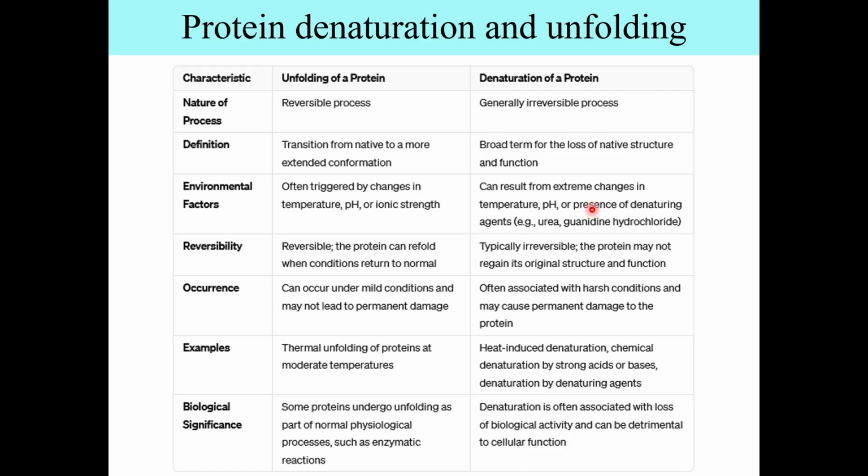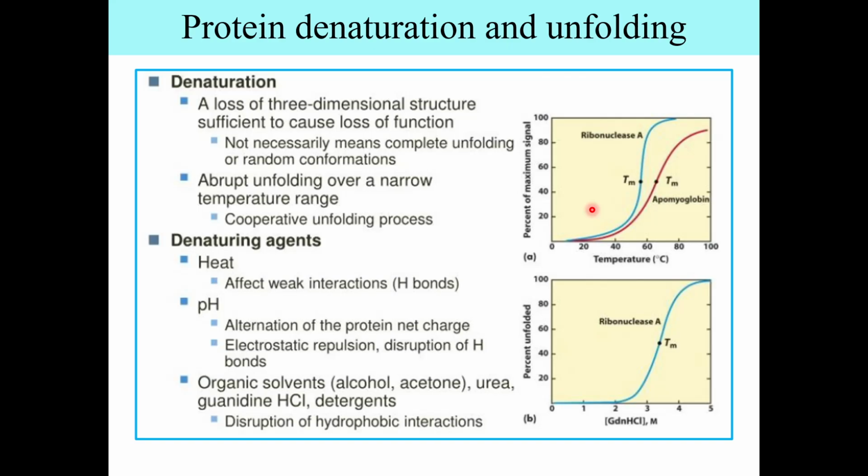So that is denaturation of the protein. Denaturation can be caused by very strong chemicals, heat, bases, acids, and denaturing agents. Denaturation means that there is loss of the three-dimensional structure, abrupt unfolding over a narrow range of temperature, and this is how it happens.